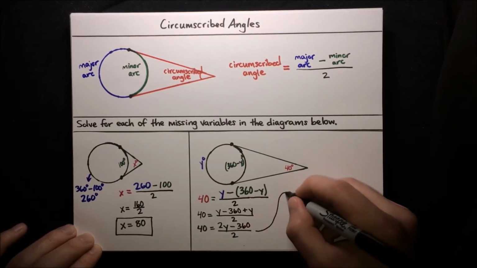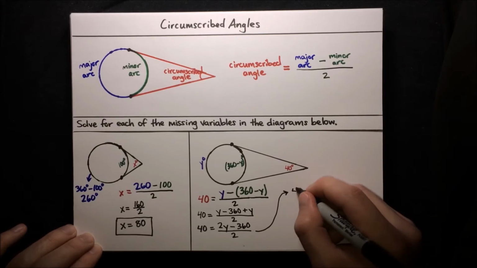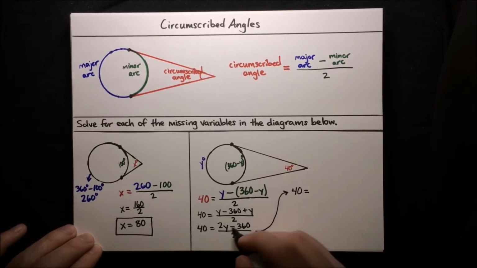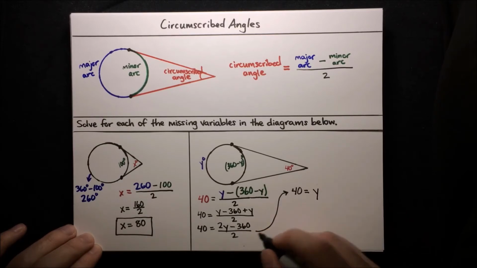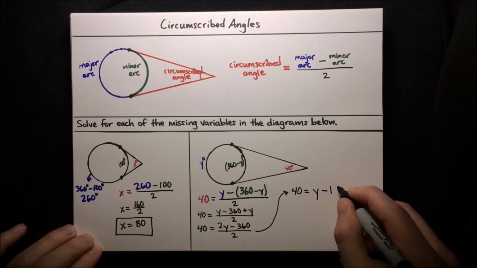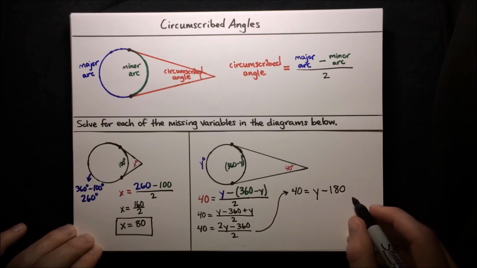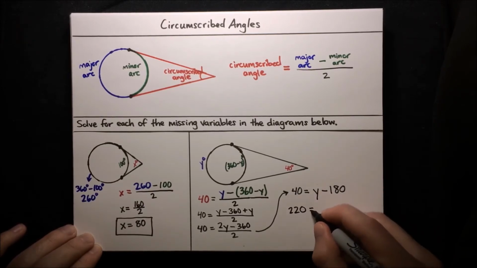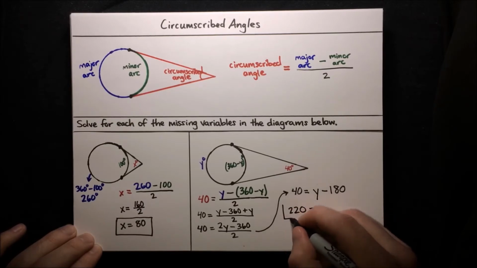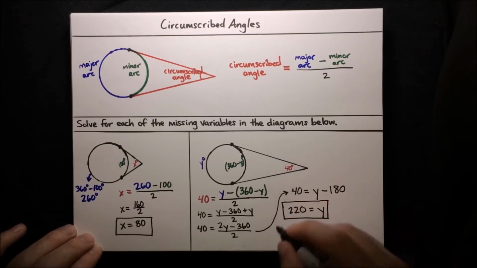Let's bring this up here to keep on simplifying. So 40 is equal to, well, 2y over 2, that's just y, and then 360 over 2, that's just 180, so y minus 180. And then we can add 180 to both sides and get 220 is equal to y. So there we go, we found y. Y is just 220.